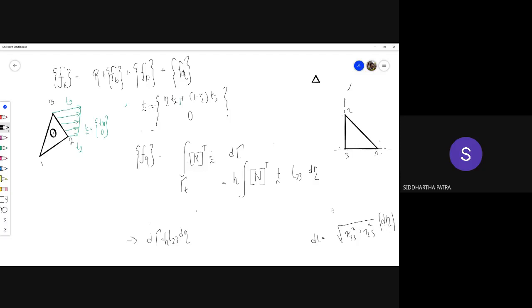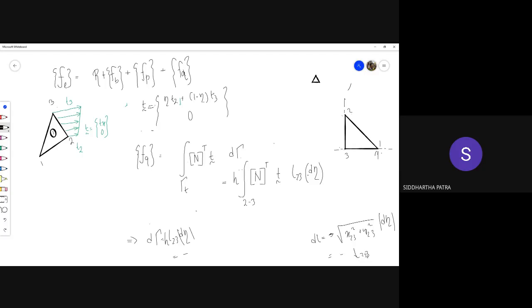So all I'm saying here is, this is the way we can do it. We can either integrate between 2 to 3 and then, if it is absolute value, because d eta going from 2 to 3 on the side 2 3 is negative, this basically means that differential area, or for that matter differential length, is going to be the negative of this quantity.